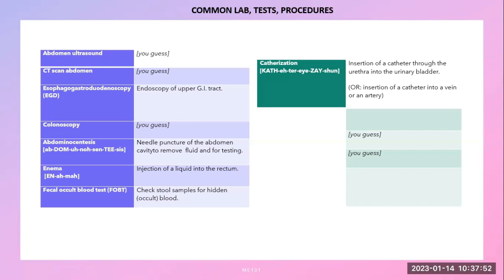So the Foley is just a specific name for the catheter for the urinary system. You can use catheters for the vein, for the central line as well. But when we say Foley, that means just the urinary catheter. Am I clear on that?